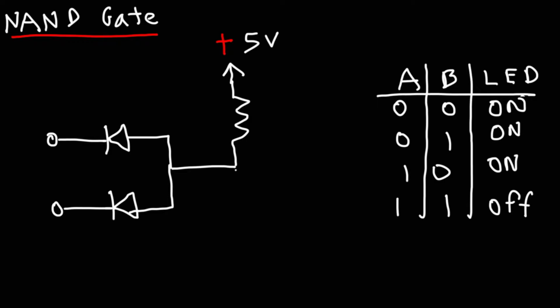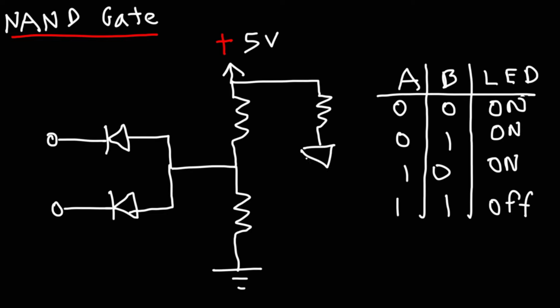And then we're going to have another resistor go into ground. In addition, we're going to have another resistor which goes to an LED, and that LED connects back to this point. And then it goes to ground.